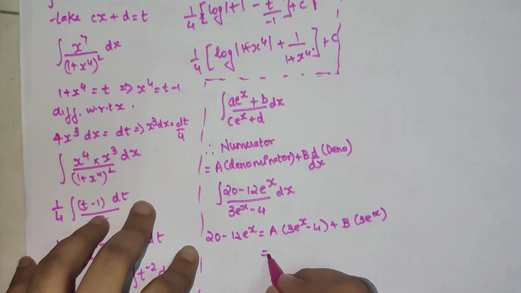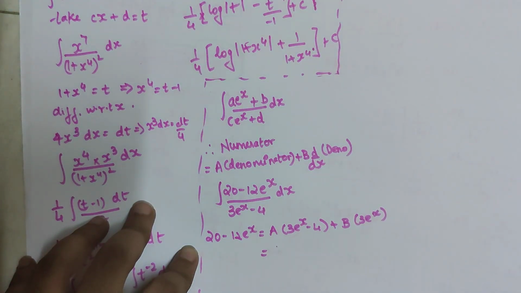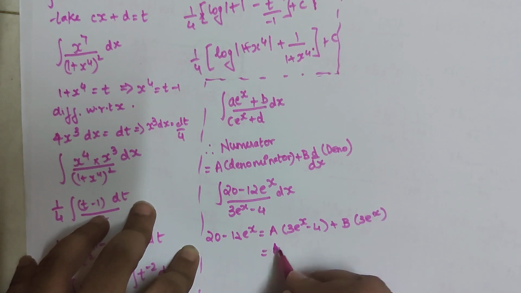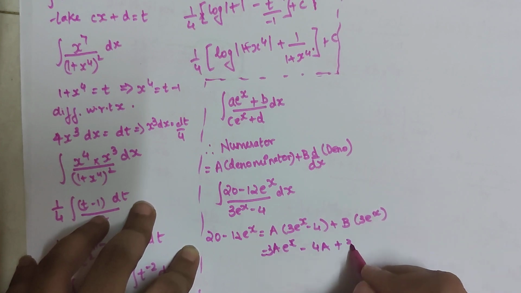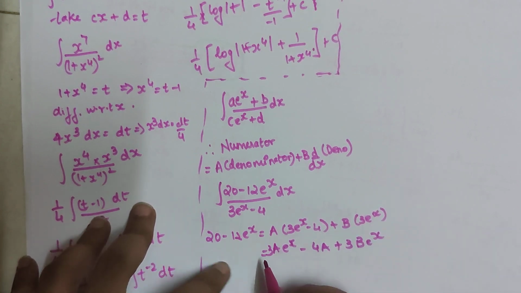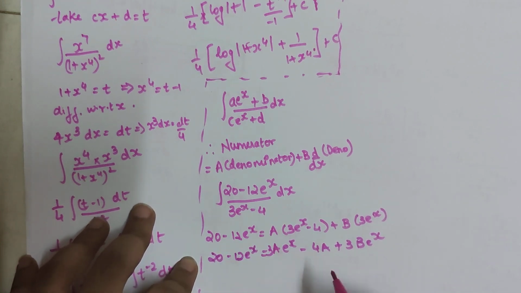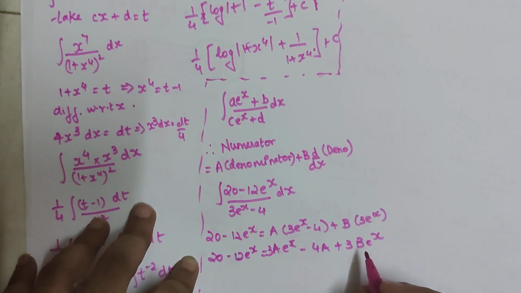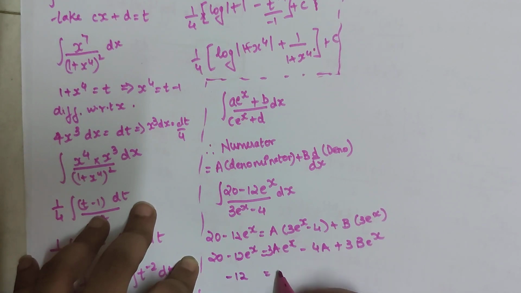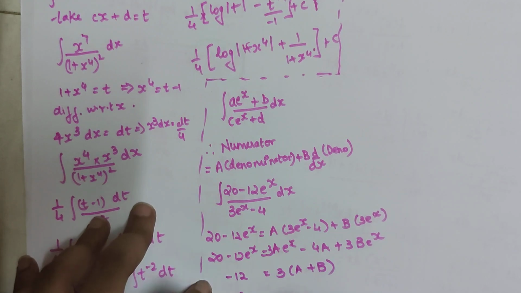So now on expanding, I can say a into 3 e raised to x minus 4 plus b into 3 e raised to x gives 3a e raised to x minus 4a plus 3b e raised to x, which equals 20 minus 12 e raised to x. Now comparing the coefficients, we can say that minus 12 is equal to 3a plus b, and 20 is equal to minus 4a.